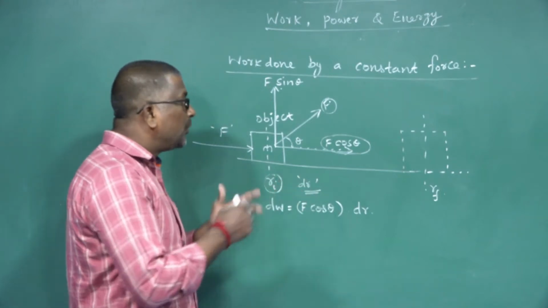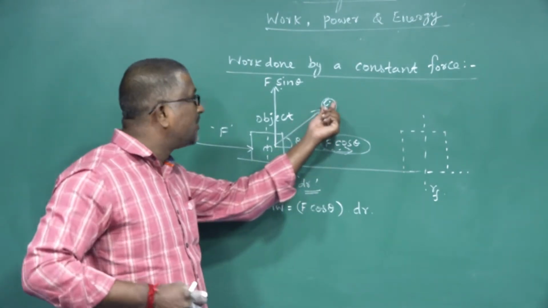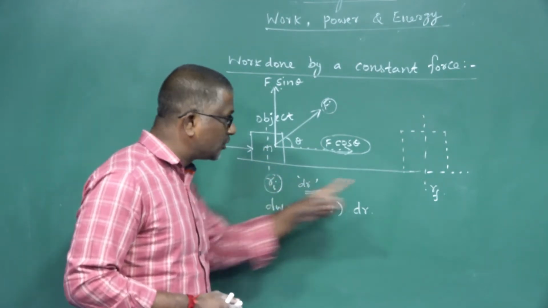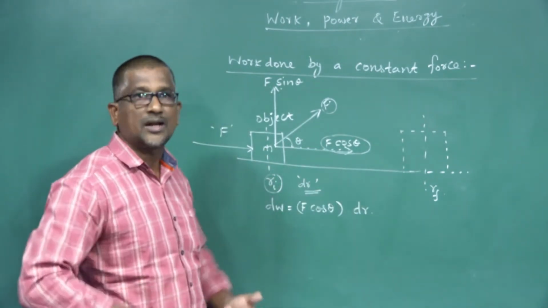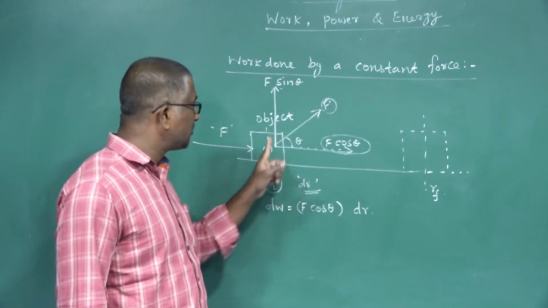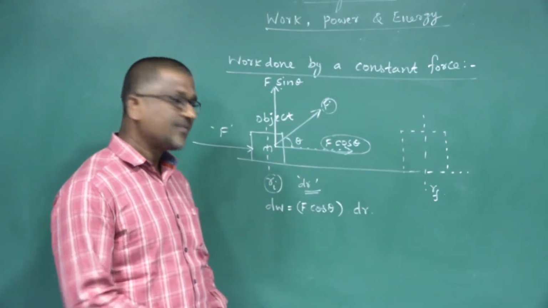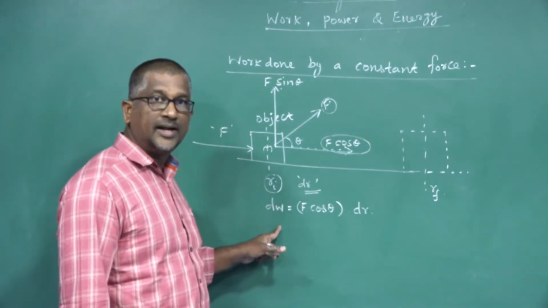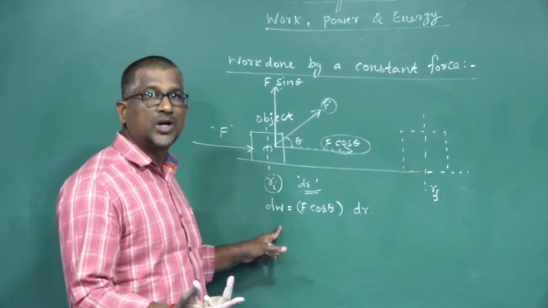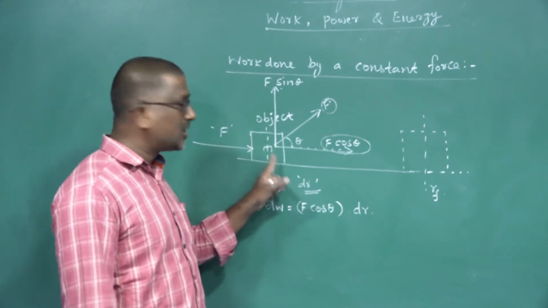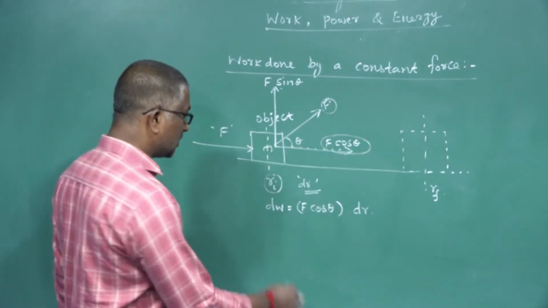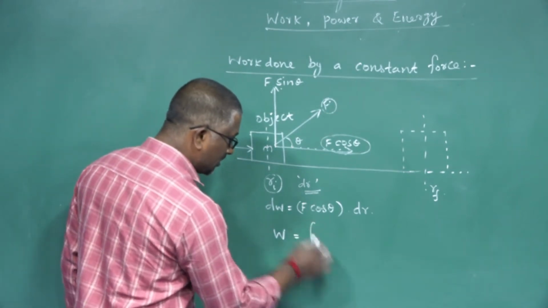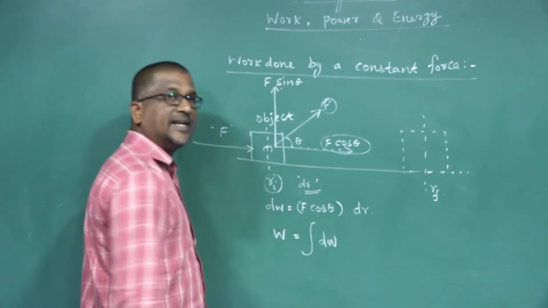Now, we need to calculate the total work done by this force to displace the body from the initial position Ri to the final position Rf. How can you calculate it? Simple, by integrating the small work done. By integrating the small work done, we can get the total work done by the force to displace the body from initial position to final position. Suppose the total work done is denoted by W, which is equal to the integration of dW.